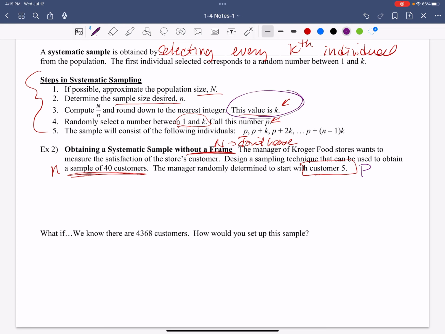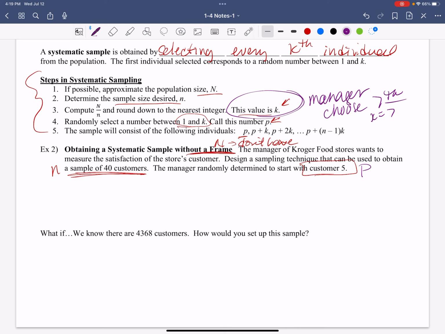So let's just say in the problem that's here, the manager chooses the 7th person, so every 7th customer. I should write choose 7th. Like every 7th. 7 is the repeating that we're looking at. So then that means K is 7.